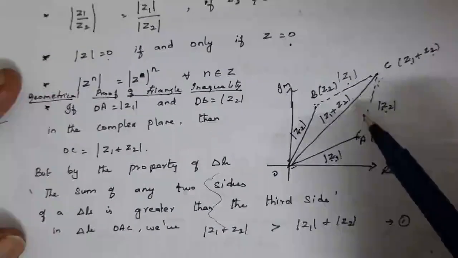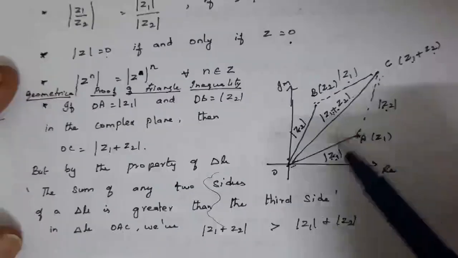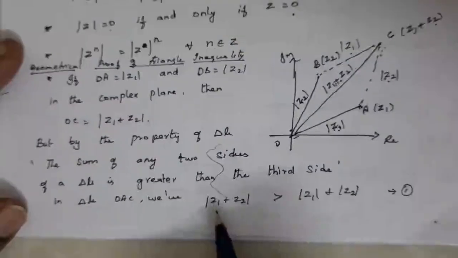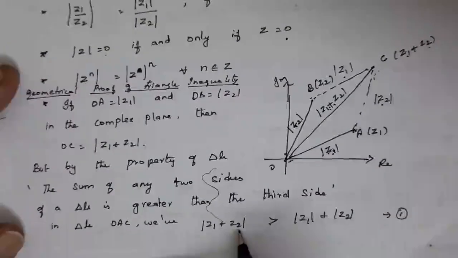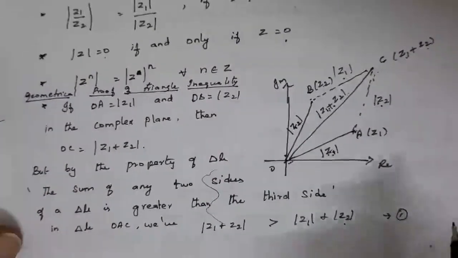So, in either triangle, the third side, modulus of z1 plus z2, is less than the sum of the other two sides, mod z1 plus mod z2. So, we have modulus of z1 plus z2 less than mod z1 plus mod z2. Let it be equation number 1.